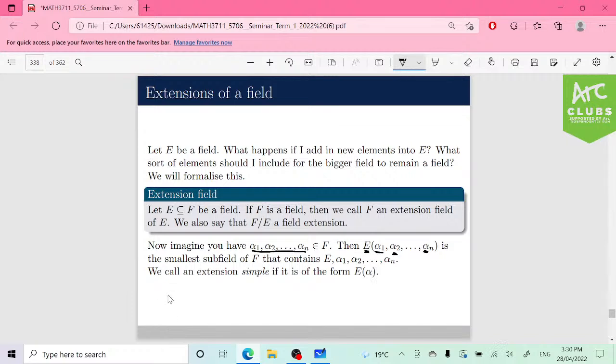So for example, if I consider Q adjoin square root of 2, then what we're really saying is we want the smallest subfield of, say, R, such that we obtain Q, and we also obtain the square root of 2. And it turns out that the smallest possible field that we can obtain is just of this form here.